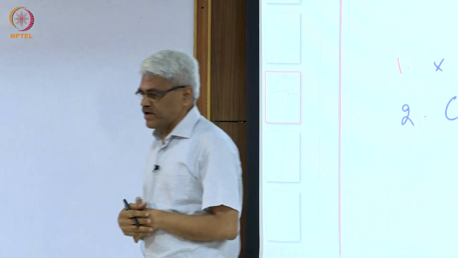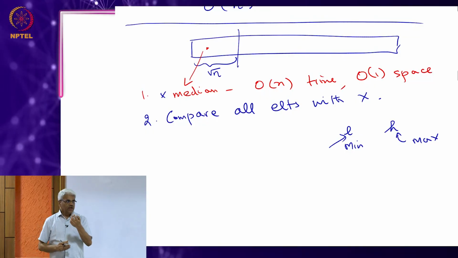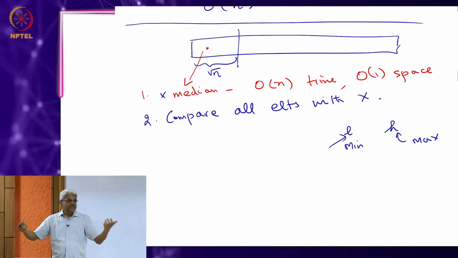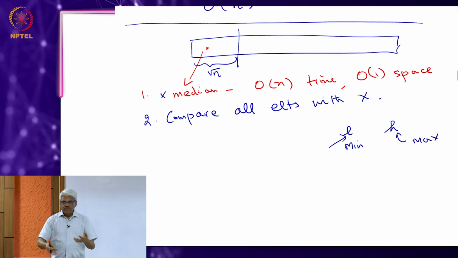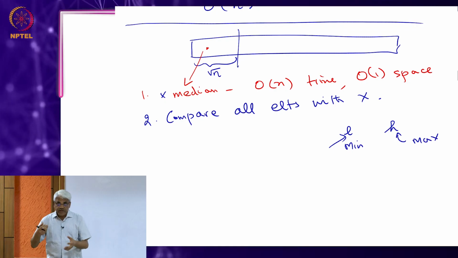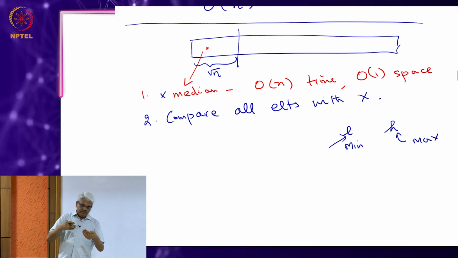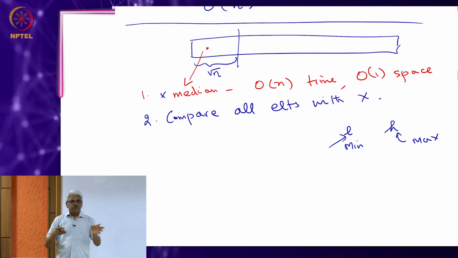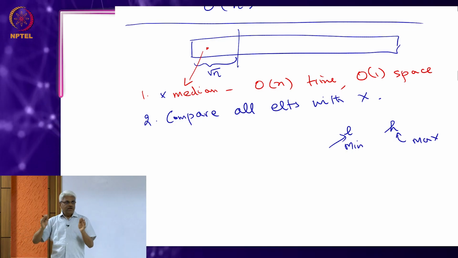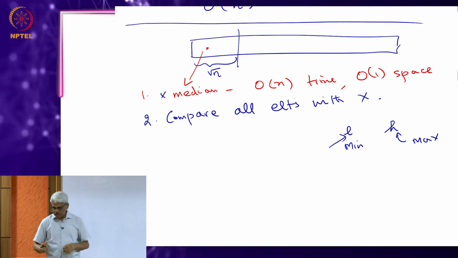Now, how do I update it? When I compare all elements with this x, I can count how many are smaller and how many are bigger, because it's a counter. Let us say I am looking for the median element, or the kth smallest element, and something much smaller than k is smaller; then I know the kth smallest element is on the other side.